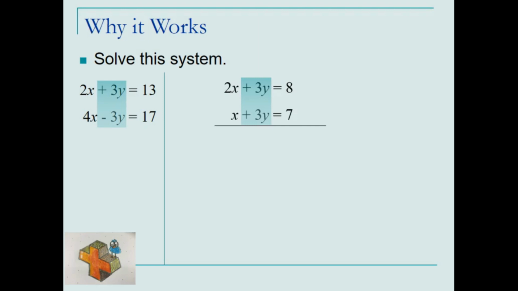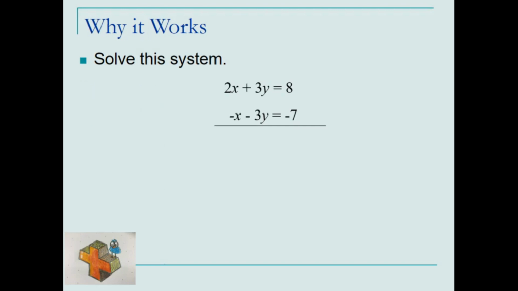Using multiplication property of equality, this is pretty easy to achieve. We'll multiply every term in the second equation by -1, which will change each of those coefficients to the opposite of what they are. And now we're set up to use our elimination method by adding the same quantity to both sides of the first equation.